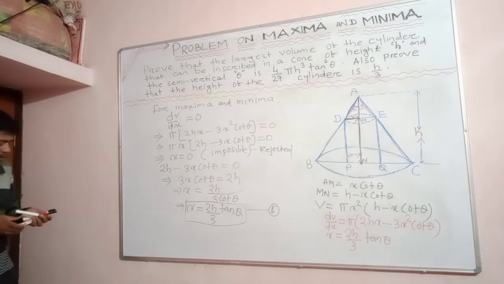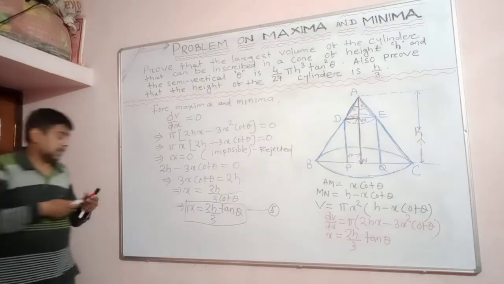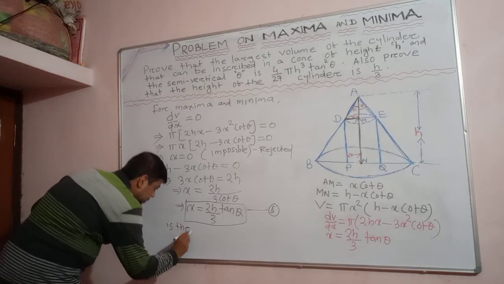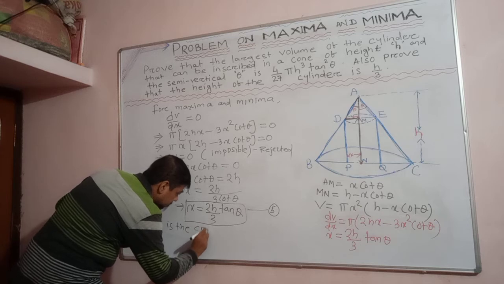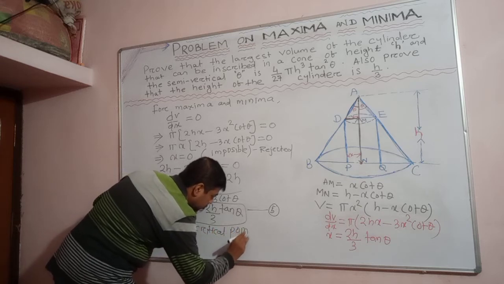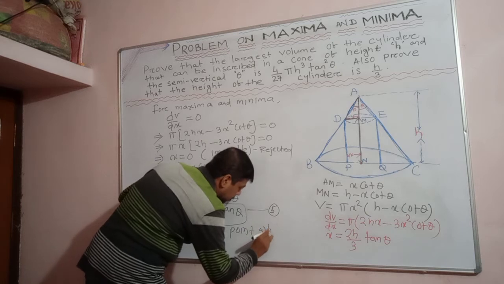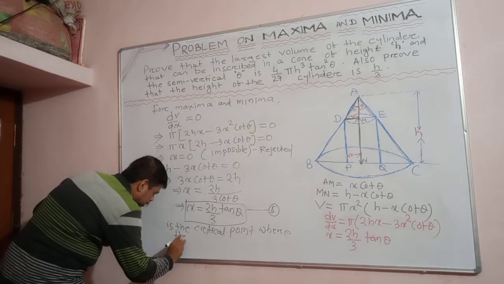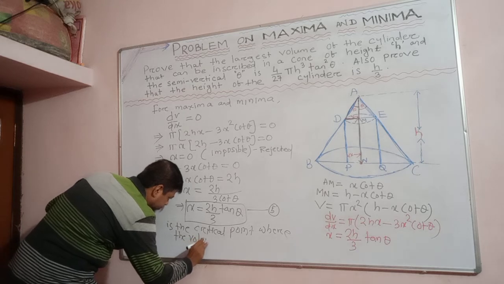Okay, so this is the critical point where the function, the volume of the cylinder, may be maximum or minimum.